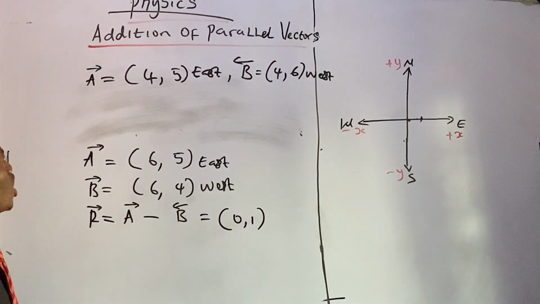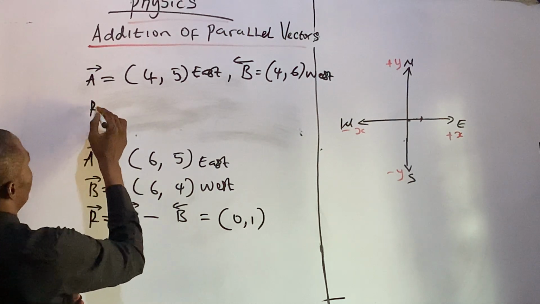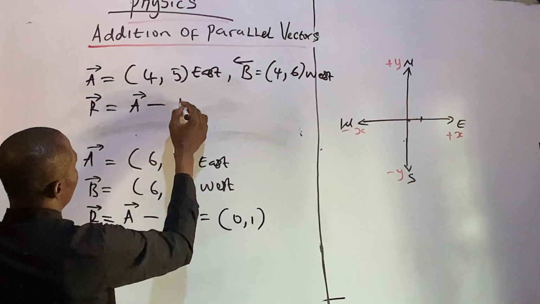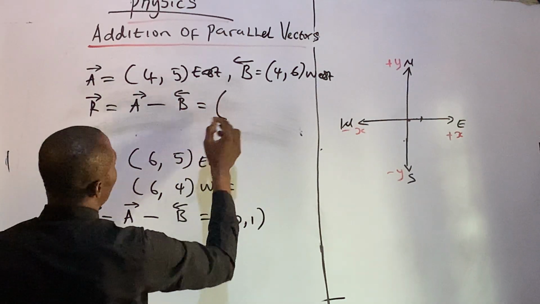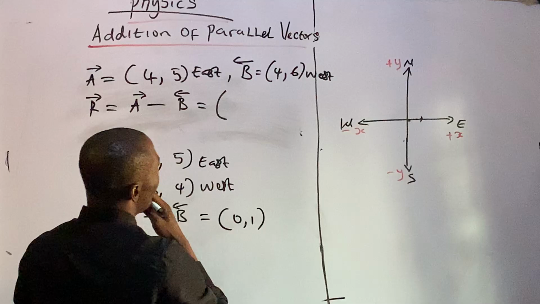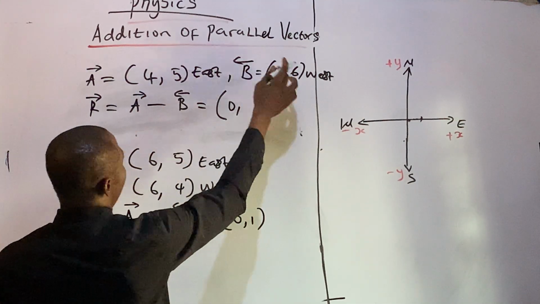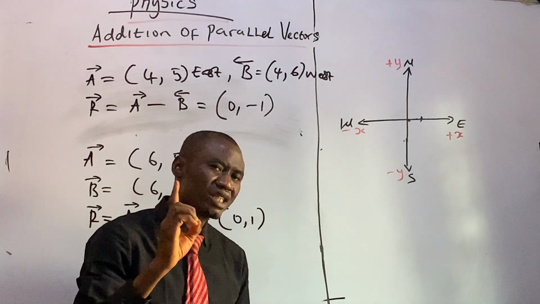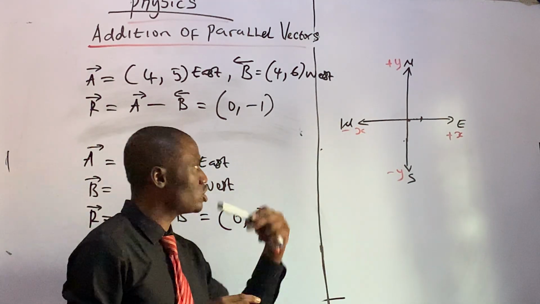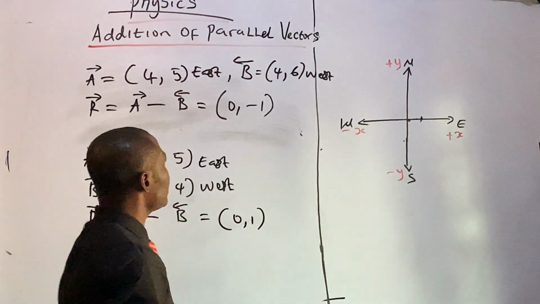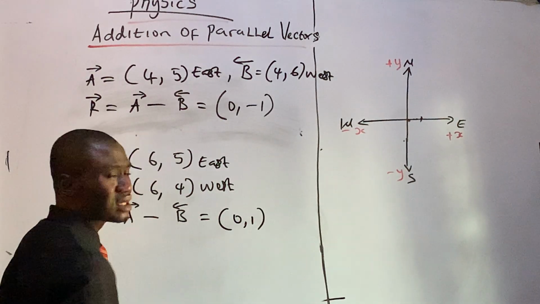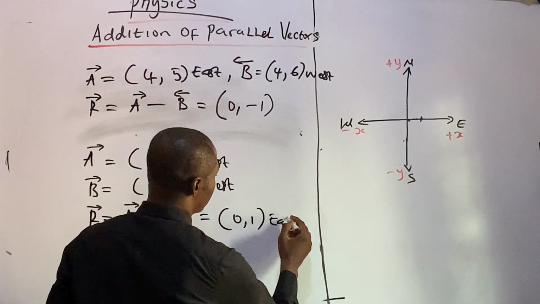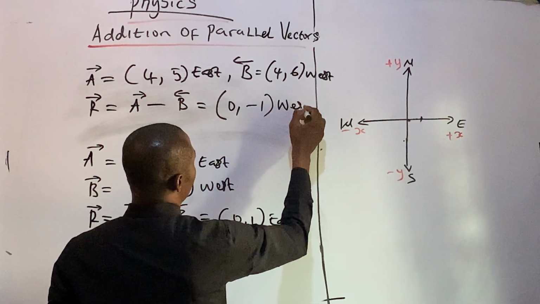The magnitude of the resultant vector is vector A minus vector B. That gives 4 minus 4, which is 0, and then 5 minus 6, which is minus 1. The minus value is the direction pointing to the west. So this will be east, and then this will be west.